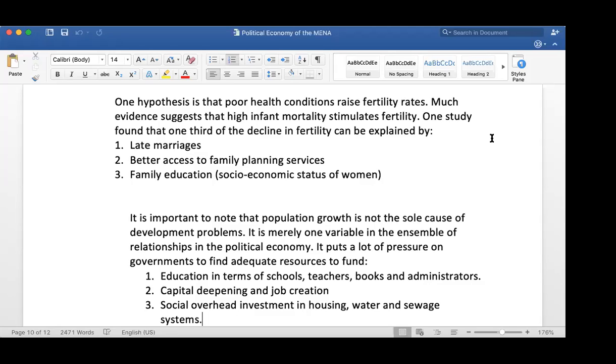Now, the leader of Algeria, who was pretty much in favor of population growth, actually delivered a speech on June 19, 1969.